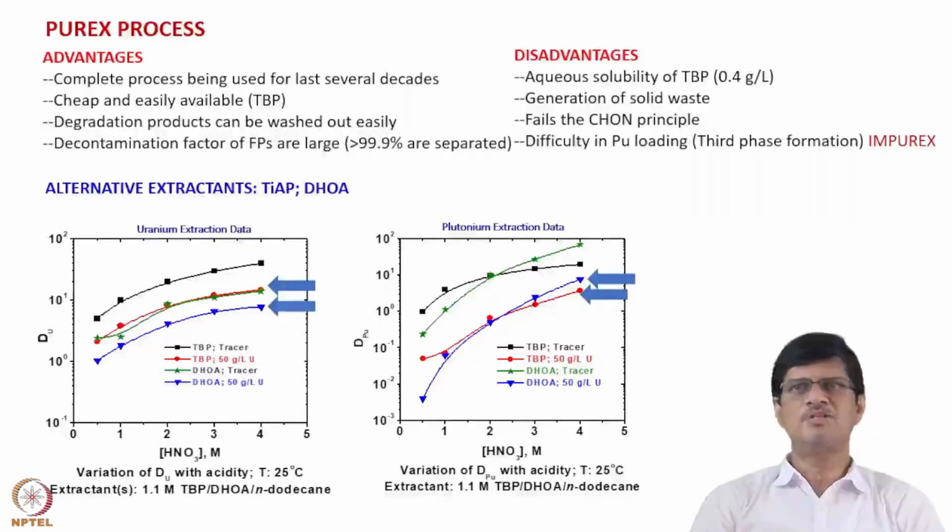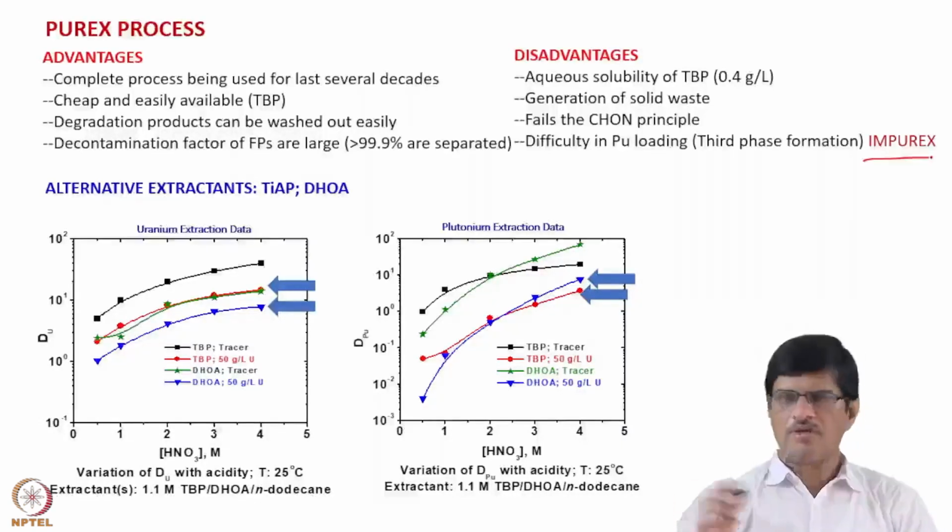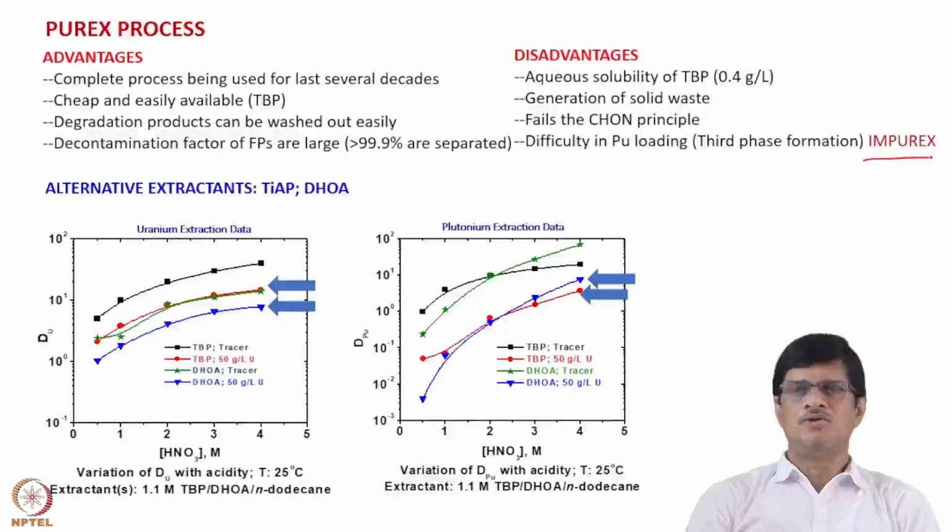Impurex means improved Purex process. In the Impurex process, the extraction of uranium and plutonium is carried out at a higher temperature, say around 60 degrees Celsius. In that case, the plutonium extraction becomes higher and uranium extraction becomes lower. In view of that, plutonium loading can be increased.